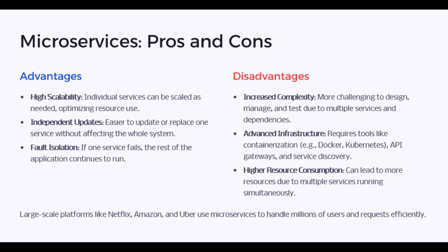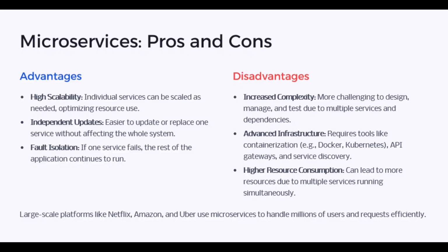Requires advanced infrastructure, e.g., containerization, API gateways, service discovery. Can lead to higher resource consumption due to multiple services running simultaneously. Examples: large-scale platforms like Netflix, Amazon, and Uber use microservices to handle millions of users and requests efficiently.